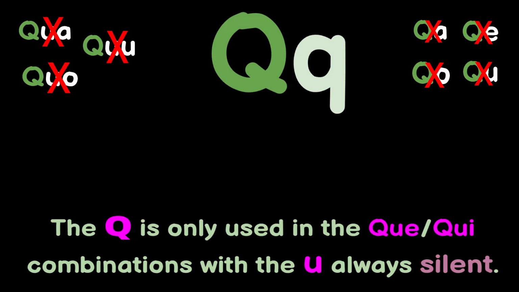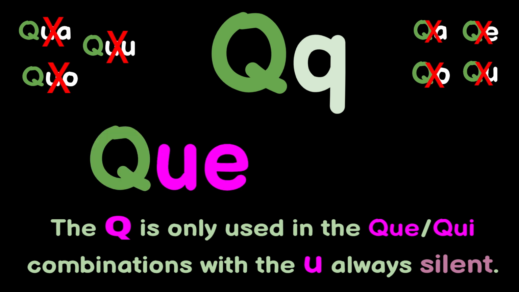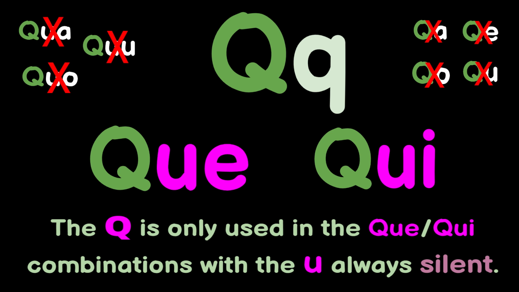Q. Q is only used in the que and qui combinations with the U always silent. Que, qui. R, ra, re, ri, ro, ru.